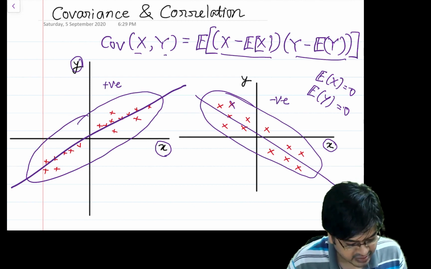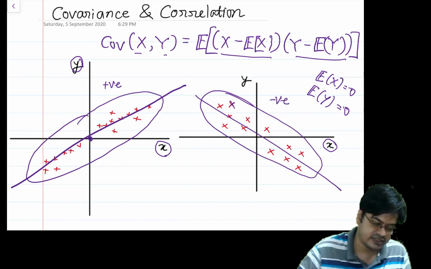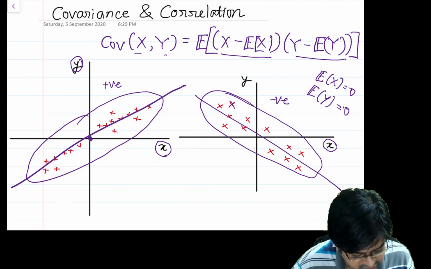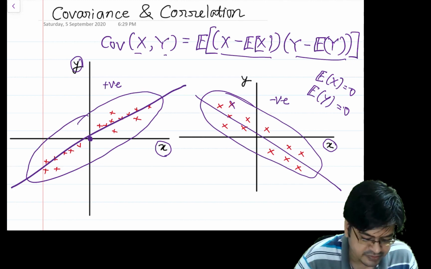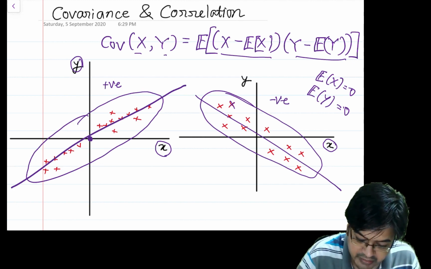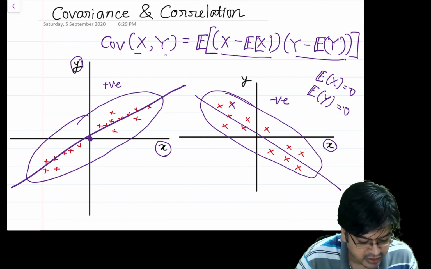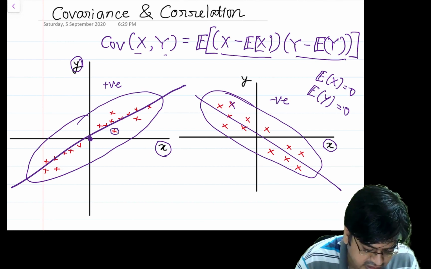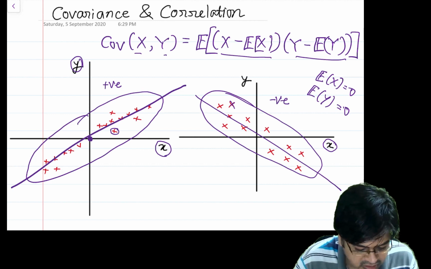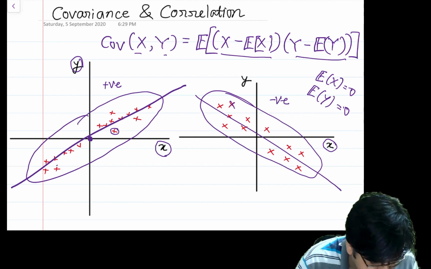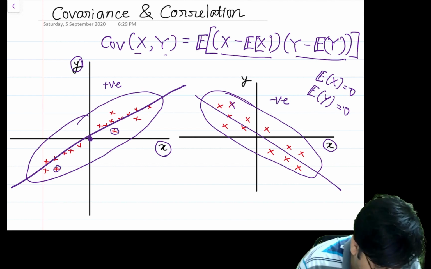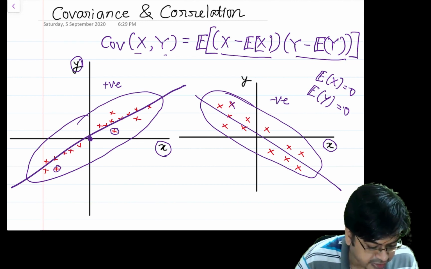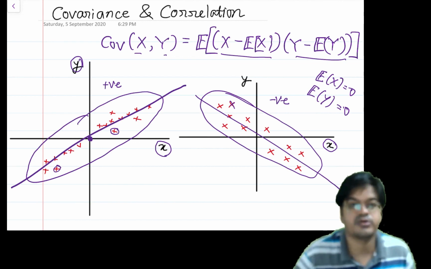So I have a point which is 0 0, since the expected value of X is 0 and the expected value of Y is 0. When I compute this X into Y, what happens? The positive value of X is naturally associated with a positive value of Y. The negative value of X is naturally associated with a negative value of Y. Therefore, the product XY is always going to be positive.